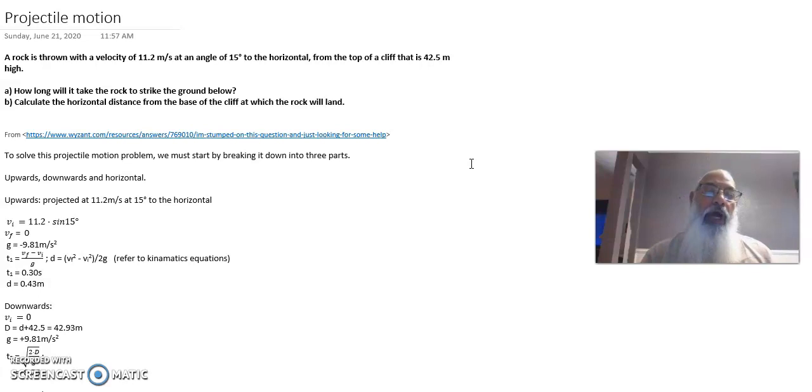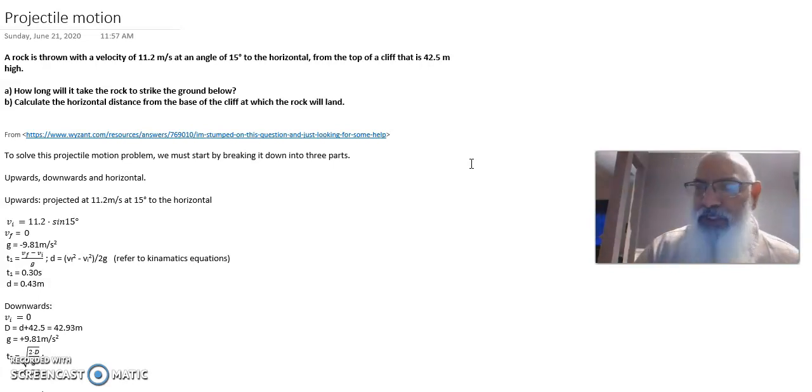As it goes up, the force of gravity is pulling it down, and so we take the acceleration due to gravity as negative. Once it reaches the peak and starts to come downwards, we take the acceleration due to gravity positive. That is why we have to divide the upward and the downward motion, because the acceleration is in a different direction.